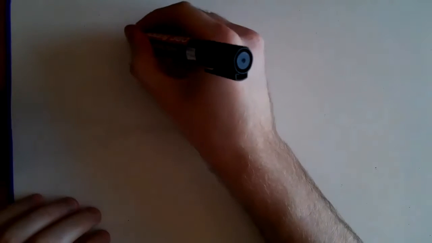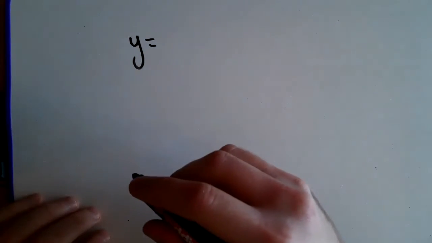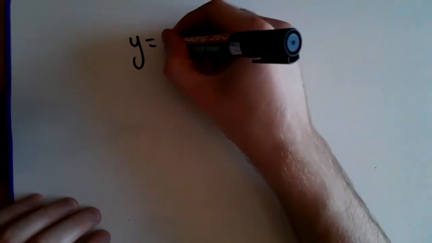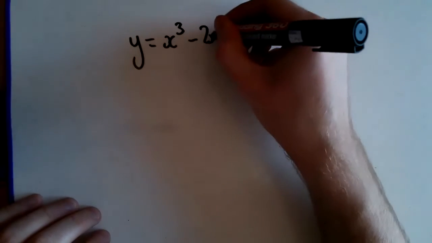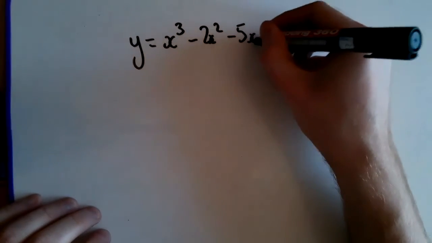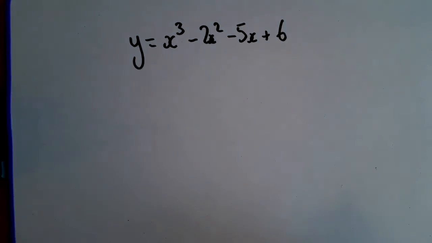Okay, another thing I like to ask with these translation ones is I like to give you a curve. Let's just do one I've written down: x cubed minus 2x squared minus 5x plus 6. Then in the first part, I might get you to sketch it. They might get you to use the factor theorem or polynomial division to work out what the roots are.